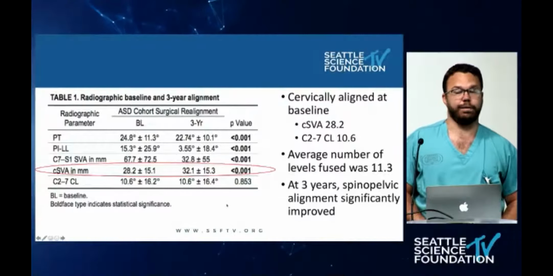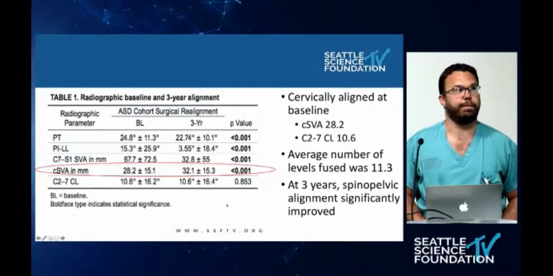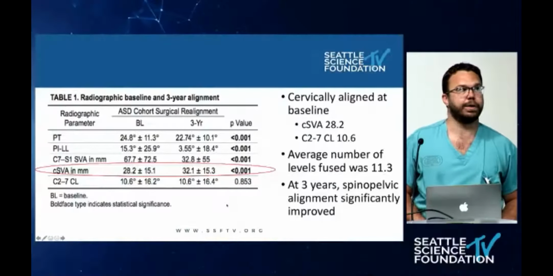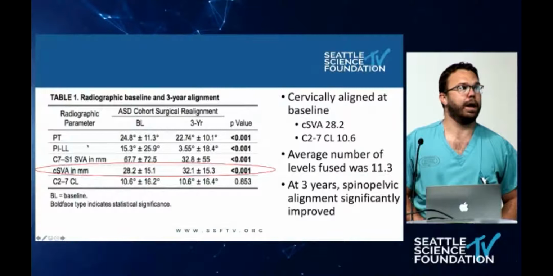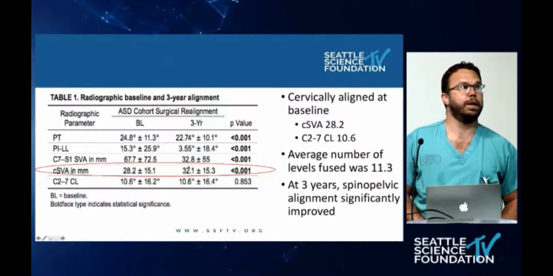The average number of levels fused in this group was about 11.3 levels, typically a T10 to pelvis. And at 3 years here, spinal pelvic alignment significantly improved. So you see here, pelvic incidence-lumbar lordosis mismatch, pelvic tilt, and then SVA are all significantly improved at 3 years.